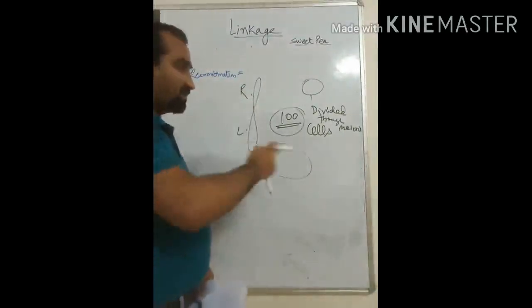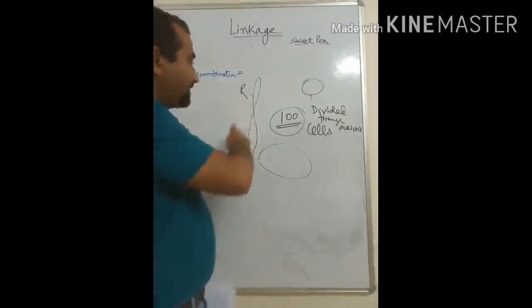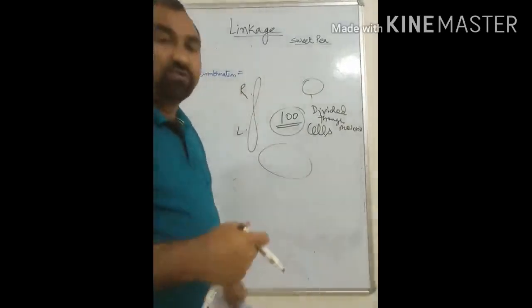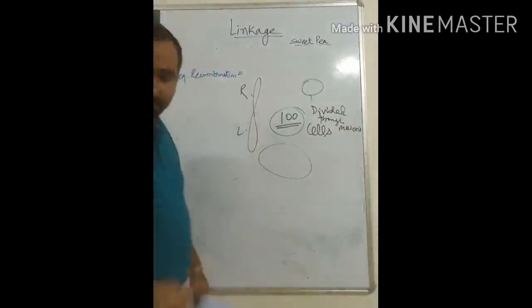So on the basis of the number of crossovers between these two genes, the map distance, or the distance between both the genes, can be calculated.